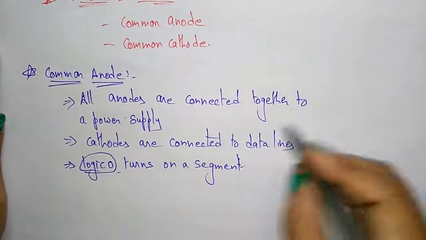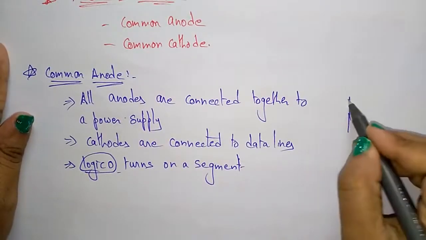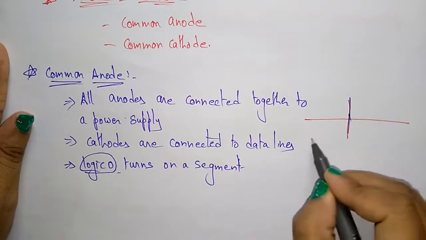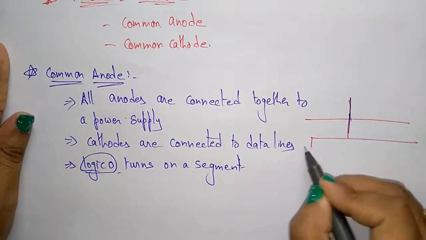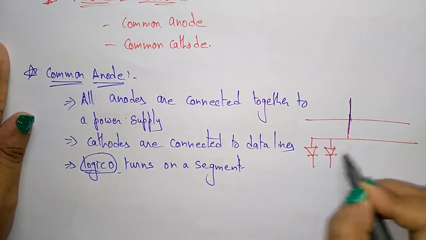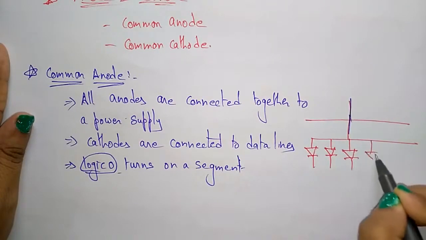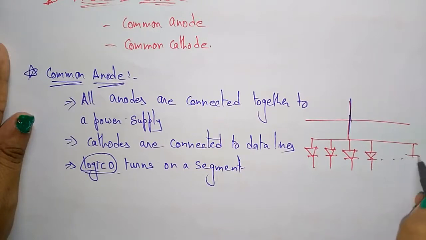So let us take this example. Here you are having, let me write this, a group of anodes. Let us take up to 8.